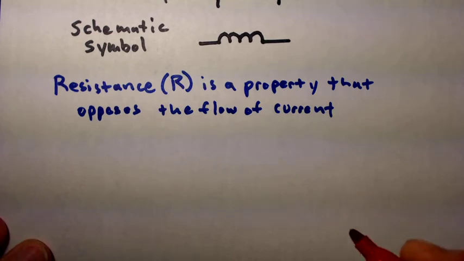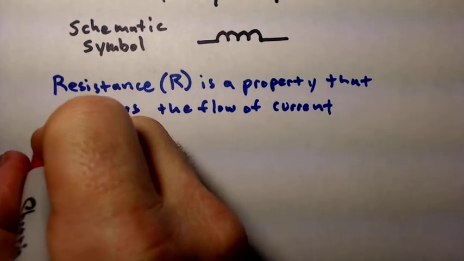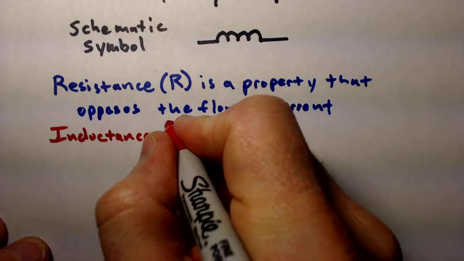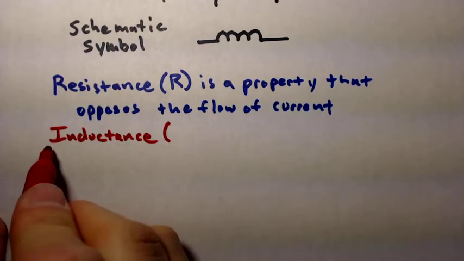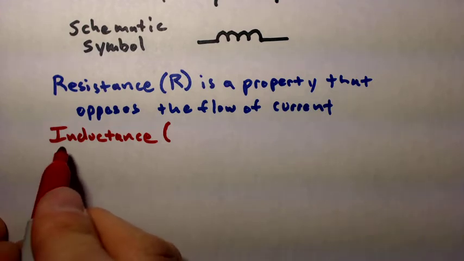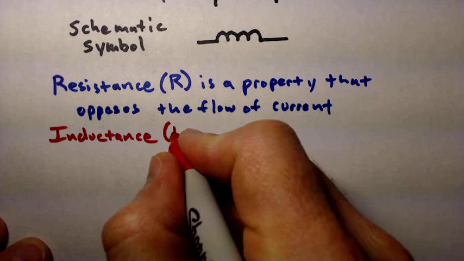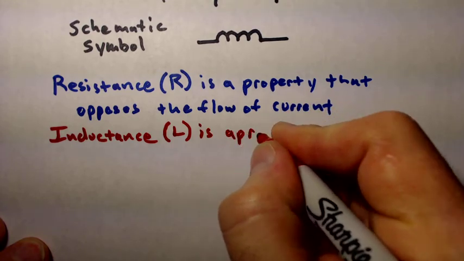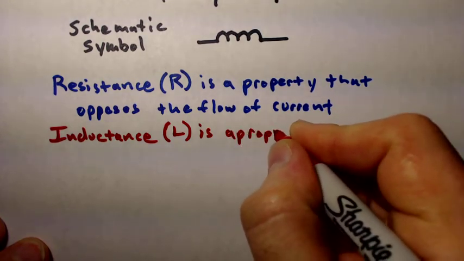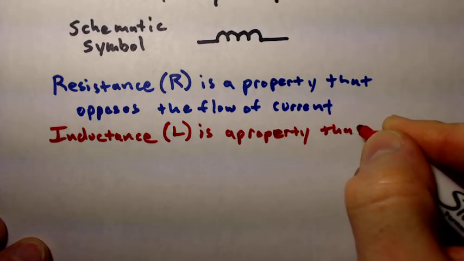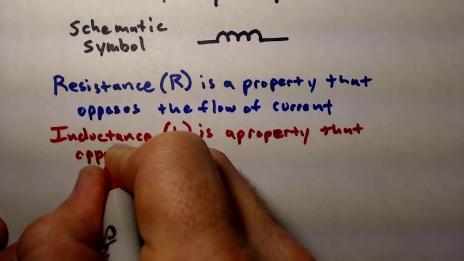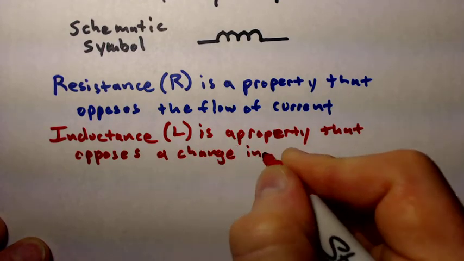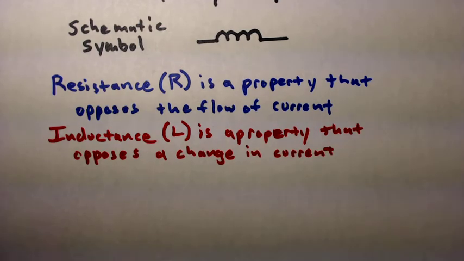So if resistance R is a property that opposes the flow of current, inductance, and now the symbol that we use for inductance, unfortunately, current has already been stolen by I. So I can't use I for inductance, and so we use L. Inductance L is a property that opposes a change in current. Okay, so think about that for a second.